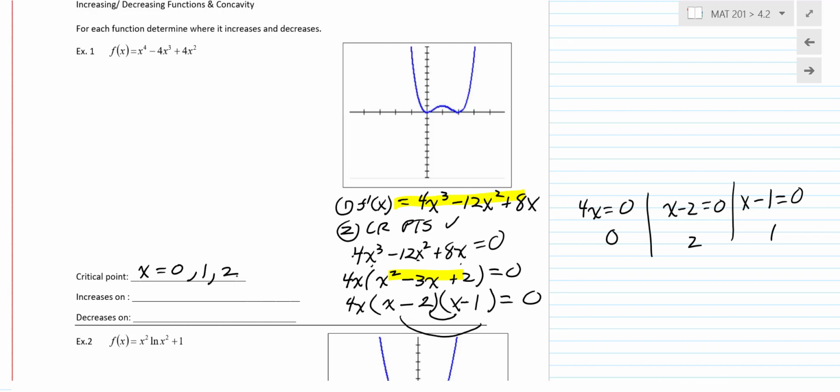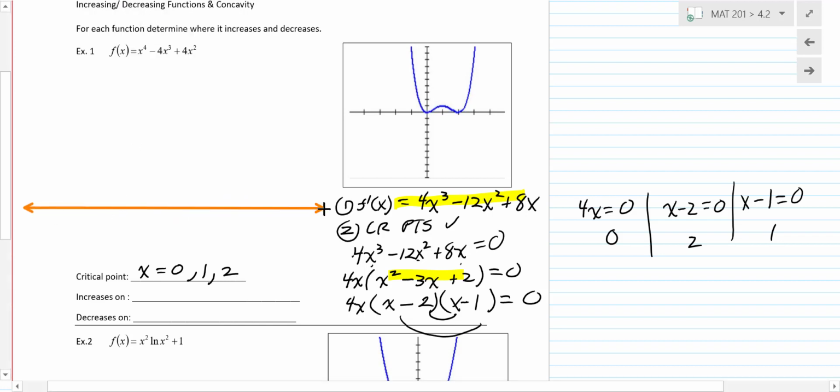Okay, so once you've got your critical points, and that's doing the derivative, setting it equal to 0, then you want to go ahead and put together your sign chart. So what I'm going to do on this is we're going to break this up. We got a 0, got a 1, and then we got a 2. Like that. So we're going to break this up into regions to analyze where it increases and decreases.